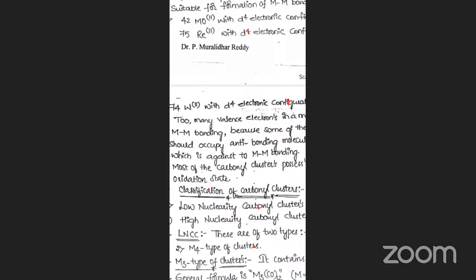So the classification of clusters is LNCC and HNCC. LNCC is of two types: the M3 type cluster and the M4 type cluster.